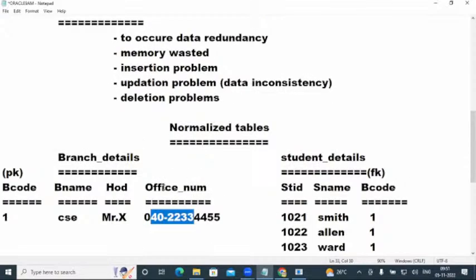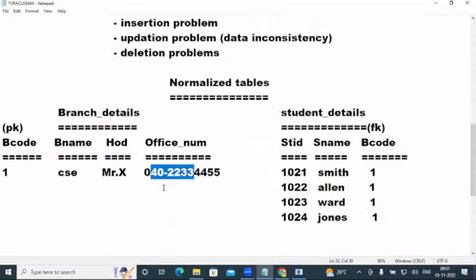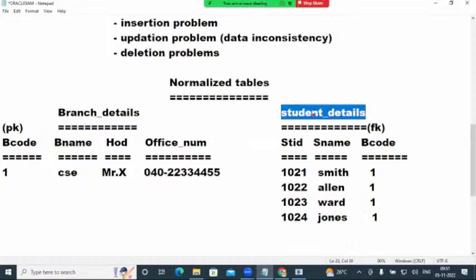Suppose now I am inserting 120 CSC students' data. Where do I insert? In the student table. So in this table I'm inserting 120 students' data. Then tell me, is your CSC branch repeated 120 times? Is your HOD name repeated? Is your office number repeated?